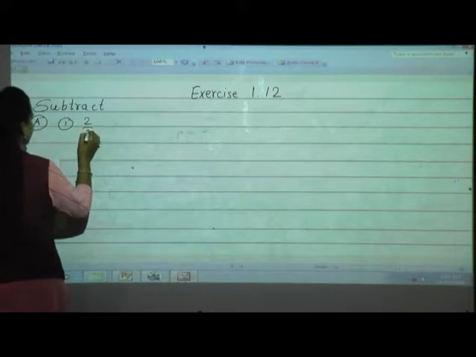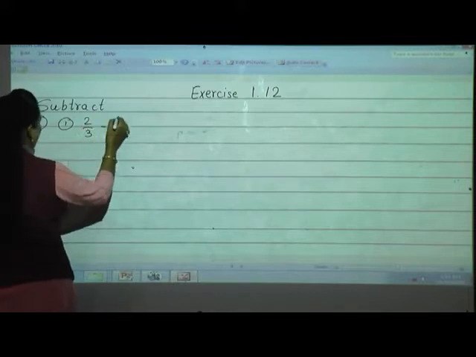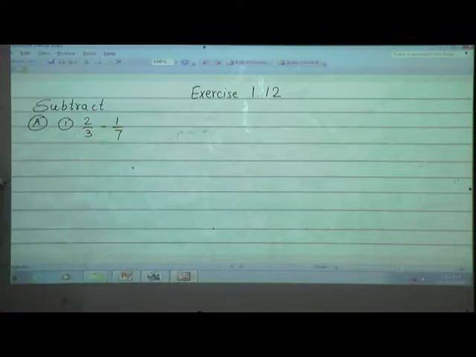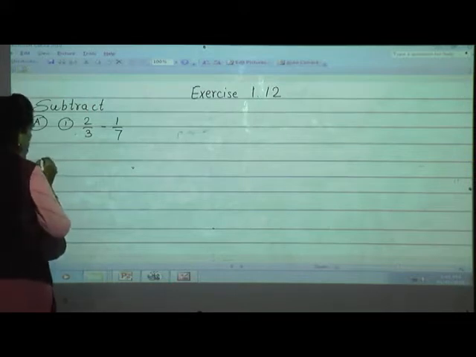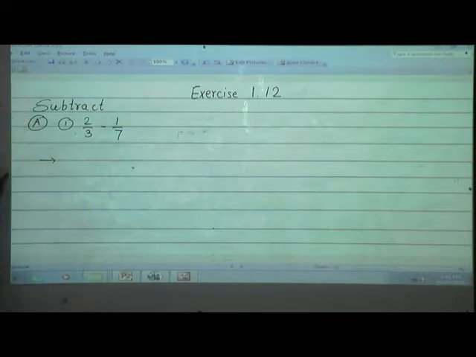In that, the first one, 2 by 3 minus 1 by 7. Now see students, here denominators are not same. Okay, so we have to first make the denominator same, then we can go for the multiplication, isn't it? Sorry, not multiplication, subtraction.